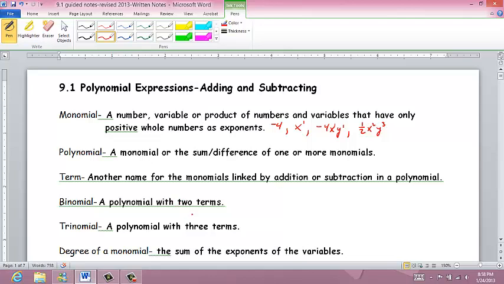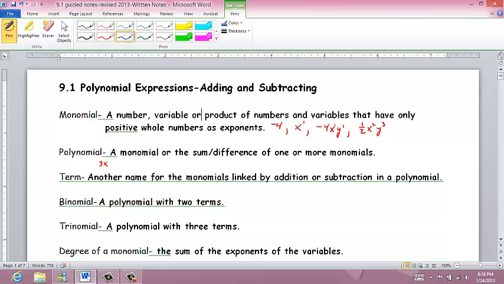Now, a polynomial. If we take a bunch of monomials and add and subtract them together, we would create a polynomial. A polynomial is a monomial, meaning you could have a polynomial with one term, or the sum or difference of one or more monomials. If we were to take, say, the term 3x, this would be a polynomial with one term.